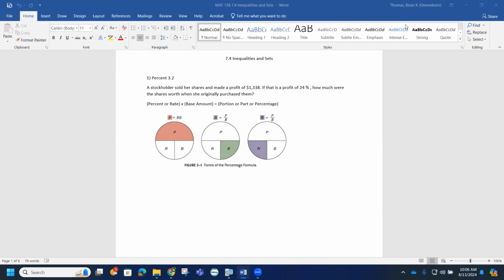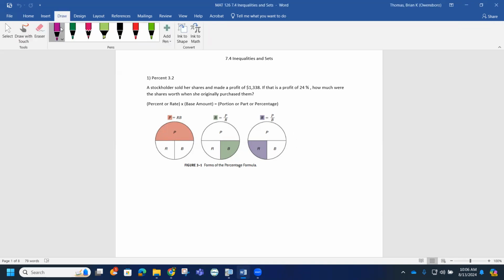In percent problems, a lot of times you'll see this word "of." When we see this word "of," it usually implies multiplication. For instance, if I say 50% of, say, 80, we know that's going to be half of 80, which would be 40.